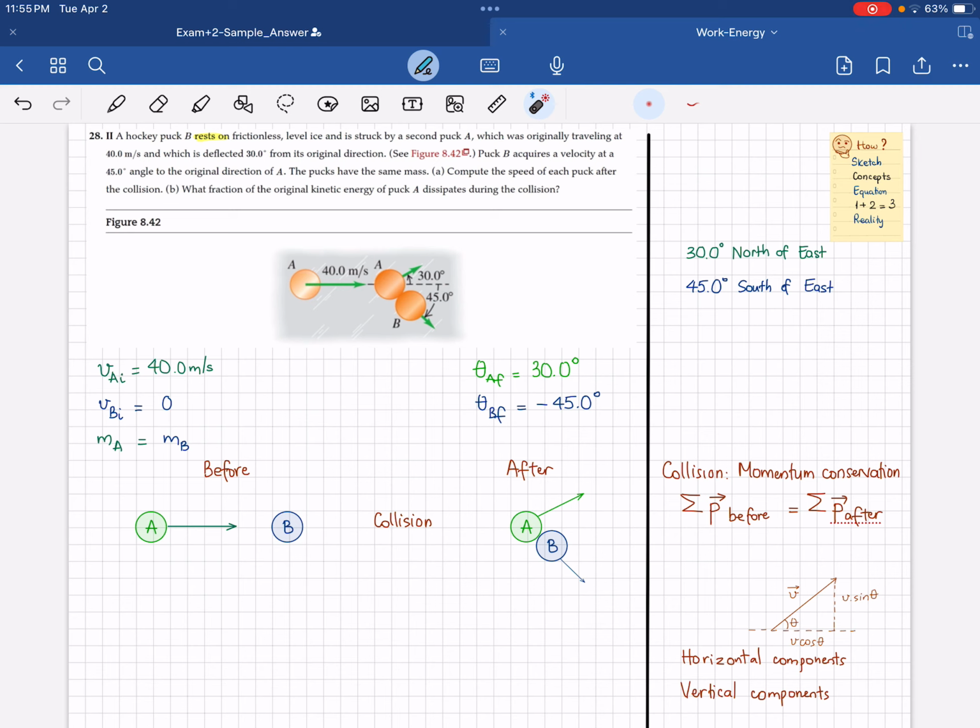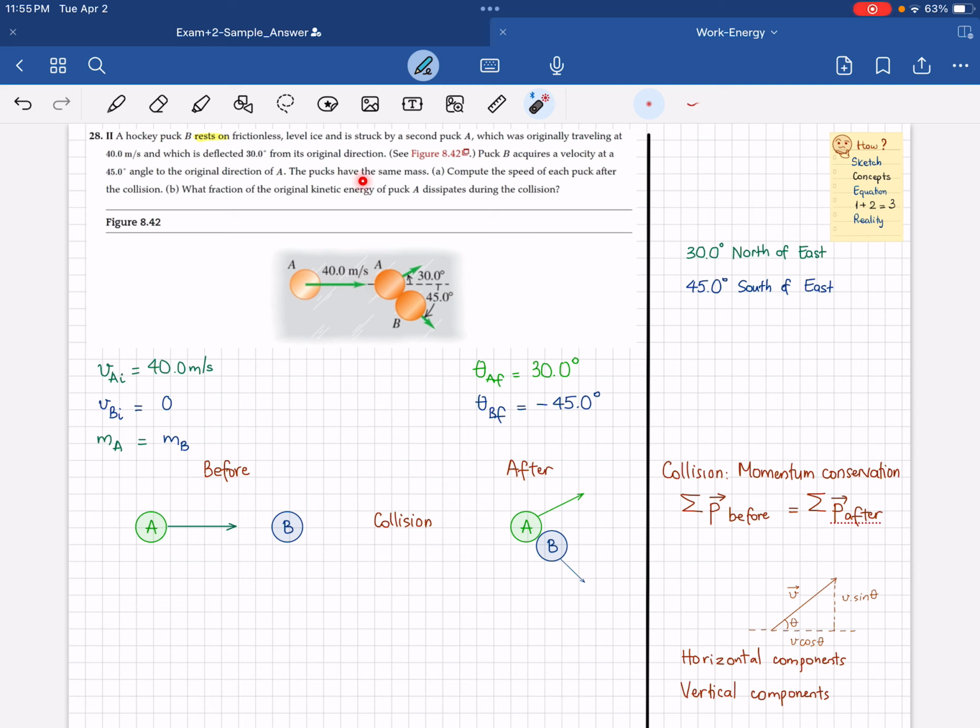And after that, they provided the final velocity directions of puck A and also puck B. Puck B acquires a velocity at a 45 degree angle to the original direction of A. We see that the original direction of A is just the horizontal direction in this figure.